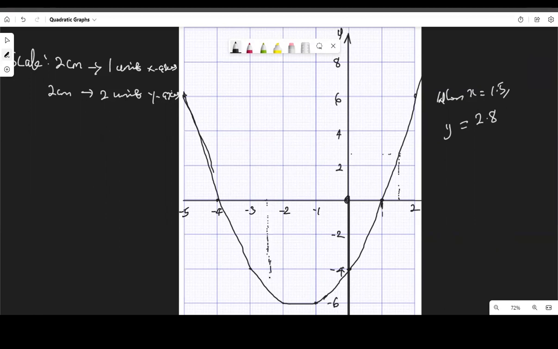I trace it until I touch the curve, then trace it to the y-axis. So about 5 or so. When x is negative 2.5, y is equal to negative 5, not 5. So the value is right here, negative 5.